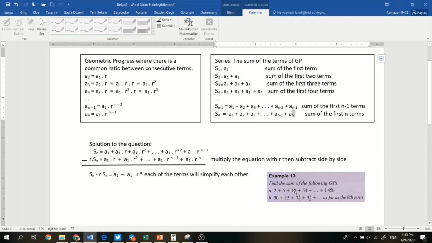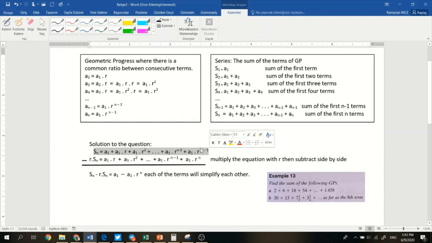Now when we look at our question, find the sum of the following geometric progression. That's what Sn means, isn't it? Because of the definition of the series. Then just multiply this one with R. Multiplying an equation with R means we multiply all the terms with R, for our equation to remain the same.